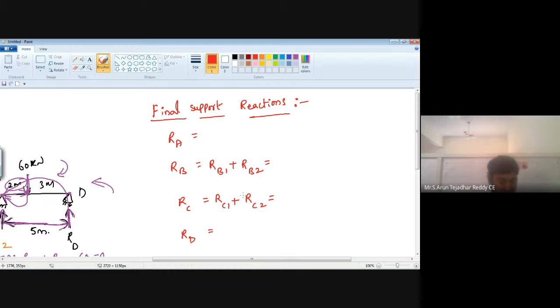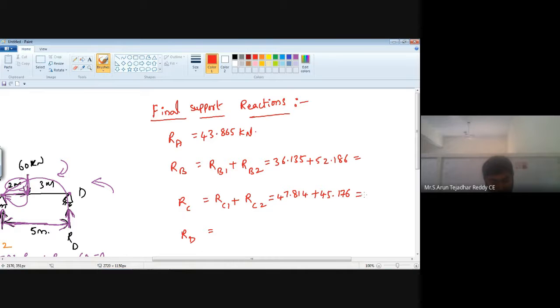And what is the value of RA here? 43.865 kilonewton. And here RB1 is 36.135 plus RB2 52.186. What is the total value? Next RC1 47.814 plus RC2 45.176.